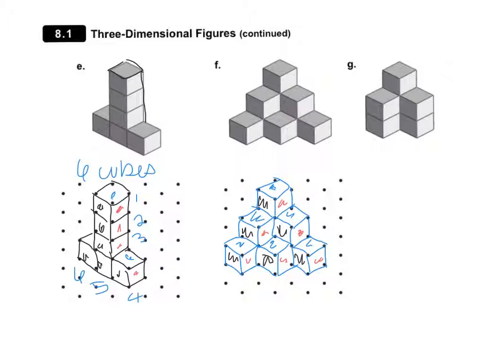So we had 6 that we could see, plus 2 behind that, and then there's 1 on the right here that we can't see holding up this right-hand one, and there's 1 on the left supporting the left-hand one. So that's 2 more. So that's a total of 10 cubes.